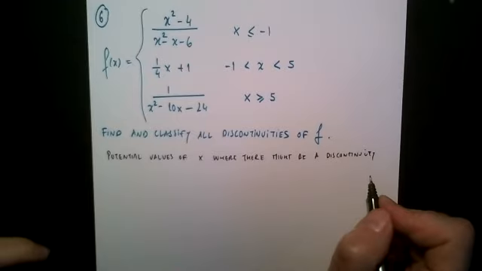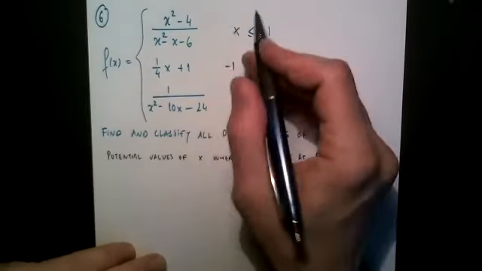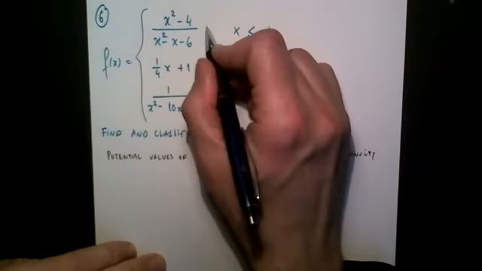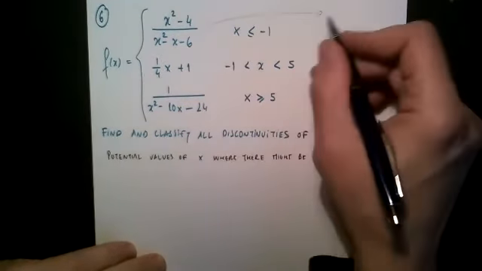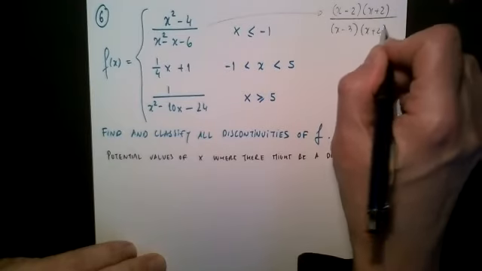-2. Where? For the first function. -2. Okay, so let's look at this first. If you were to factor this, you would get x minus 2, x plus 2, and on the bottom I would have x minus 3, x plus 2.